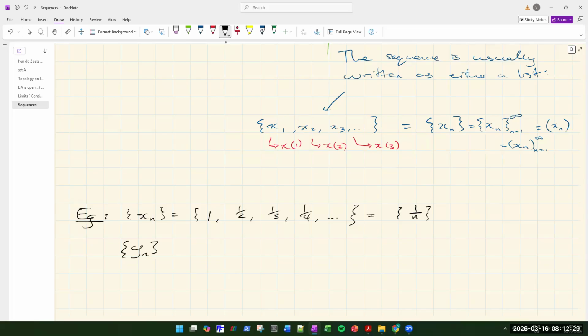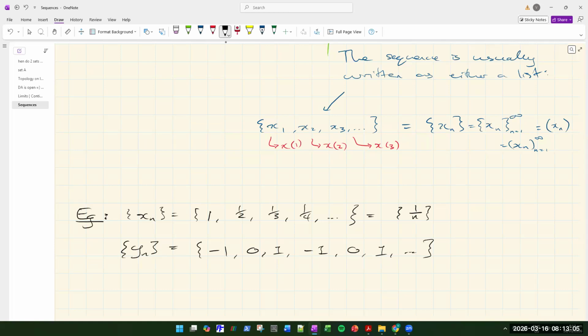What about this sequence? So I'll call this guy a different name, maybe yn. This one is going to do -1, 0, 1, -1, 0, 1, and so on. Okay, so again, notice that the range of the sequence, all possible values the sequence could take, is just three numbers because it could either be plus 1, -1, or 0.